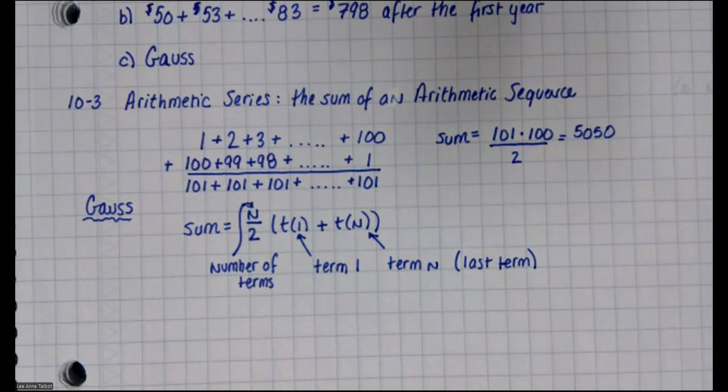So this is 100 over 2. That's this whole part of it right here. And then the first term was 1, and the last term was 100. When you add them together, you get 101, which is this little bit right there. Okay. So now we're going to use the formula to find out how much Uncle Zachary saved for Angela.